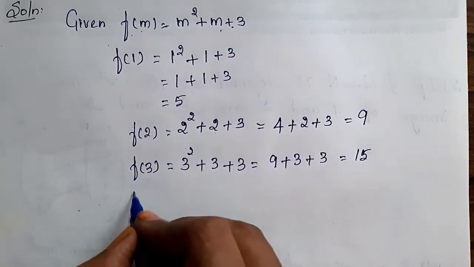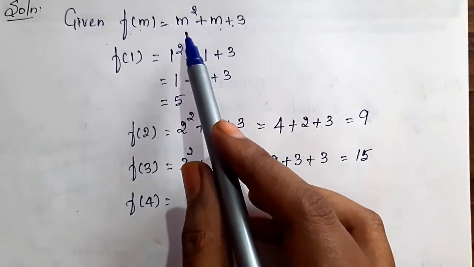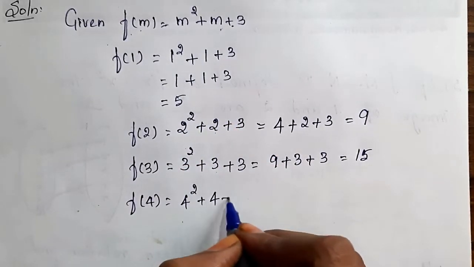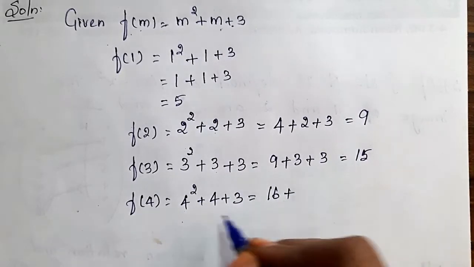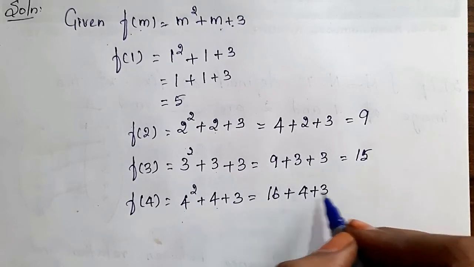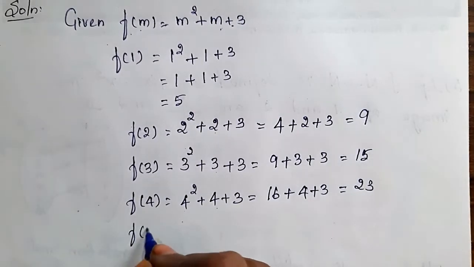Then f of 4: apply the value 4. So 4 square plus 4 plus 3. 4 square is 16, plus 4 plus 3. 16 plus 4 is 20, 20 plus 3 is 23. Next we apply 5.